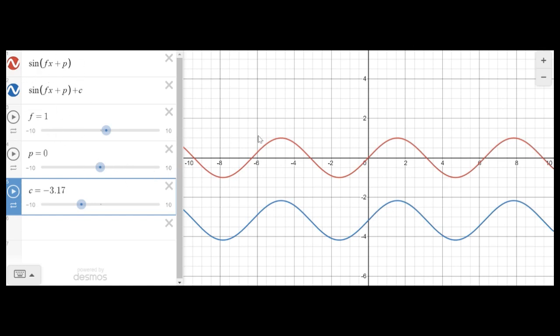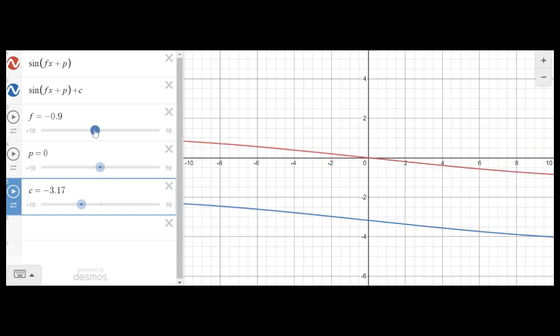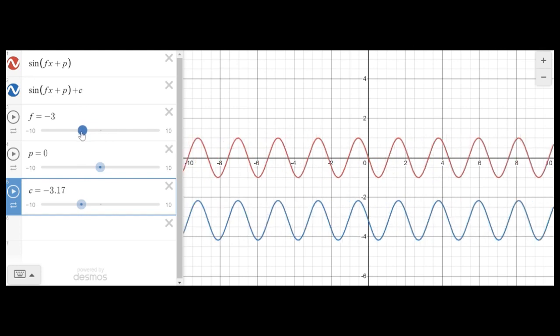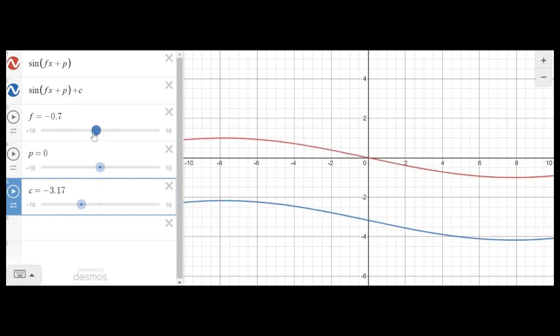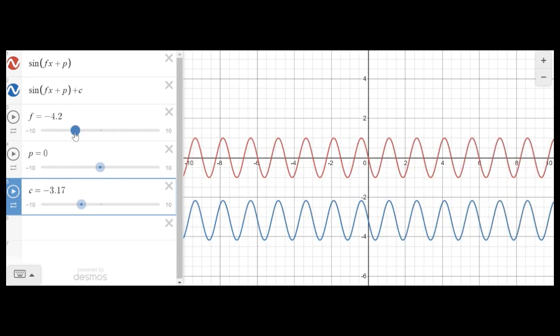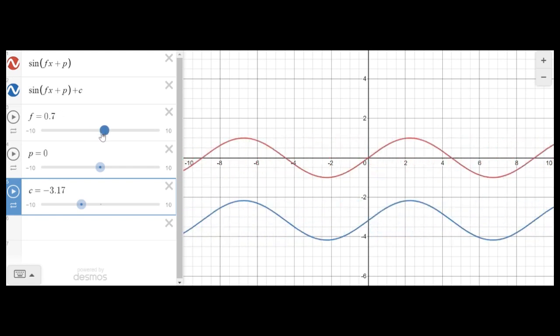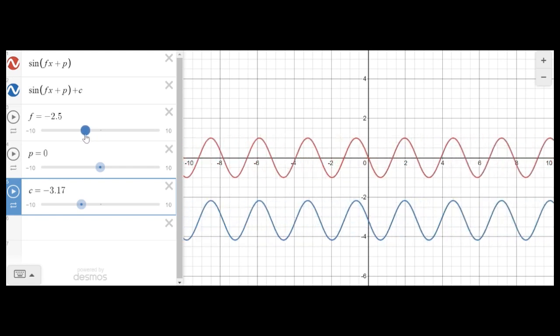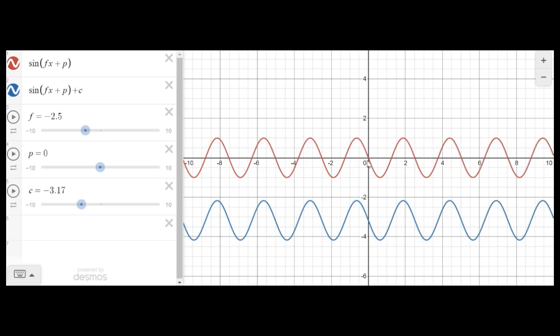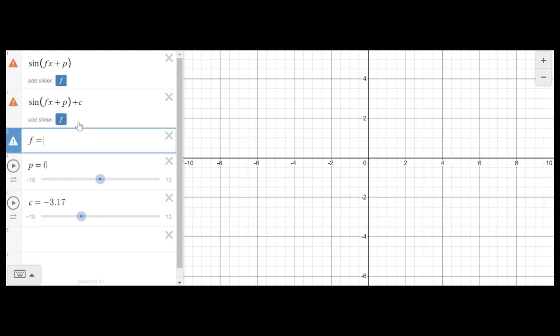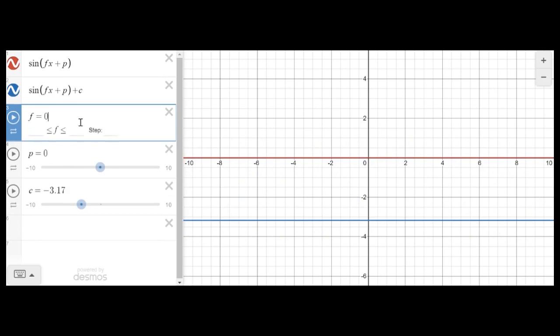So, what do you mean by frequency? Can you see this change in the wave shape? If I change this f, what is changing? It's the frequency.